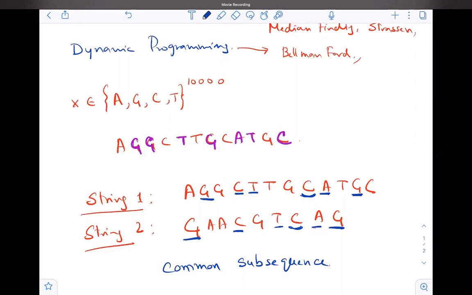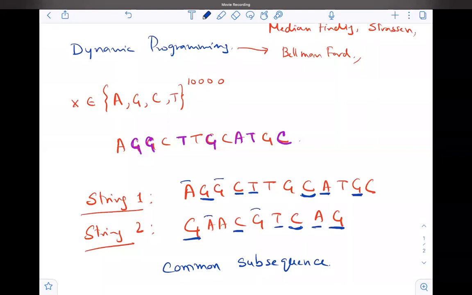You can also include another G. Oh no, that will not be possible. Actually, I can do something crazier. I could have taken this AG, but the C comes before that.